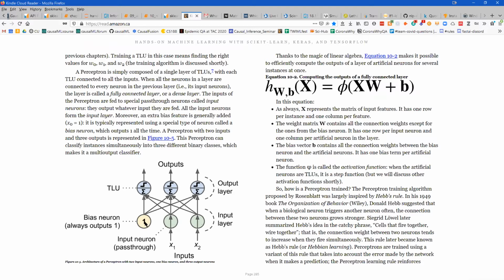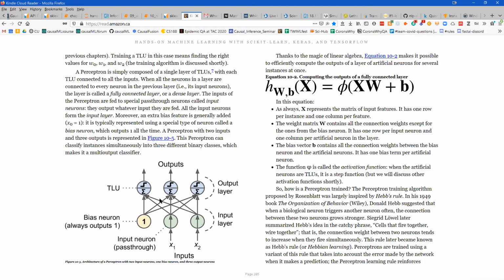The next thing we add here is a bias neuron. We've seen this before. It's always equal to 1, and it allows us to have models that have additive constants. So basically, that just means the output of this neuron is always 1.